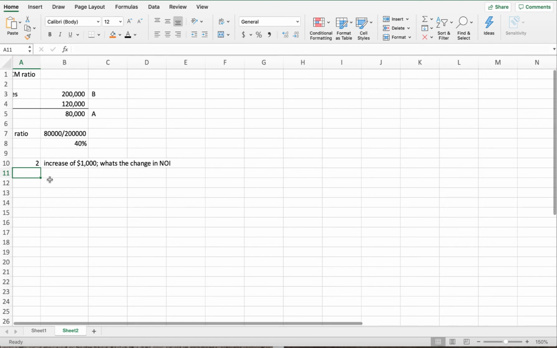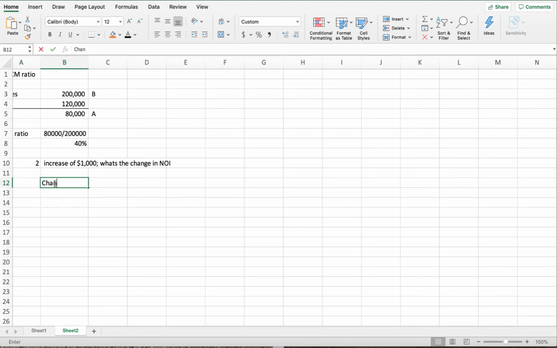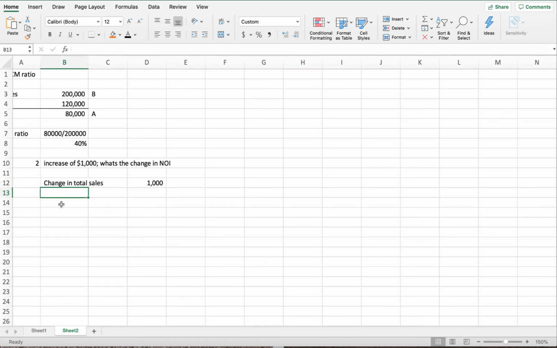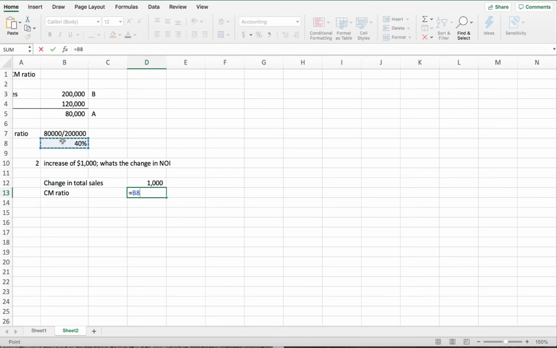Very easily, we take the change in total sales, which ends up being $1,000, right? They told us. We then multiply that by the CM ratio, which we know is 40%.